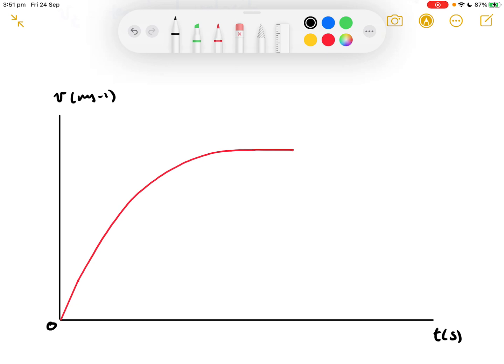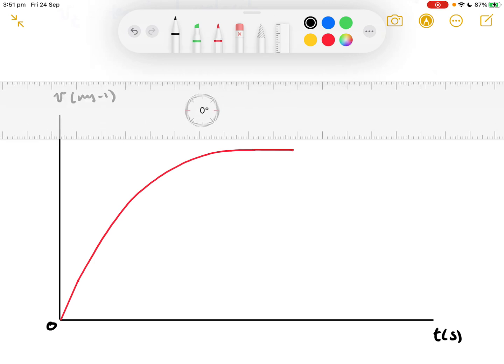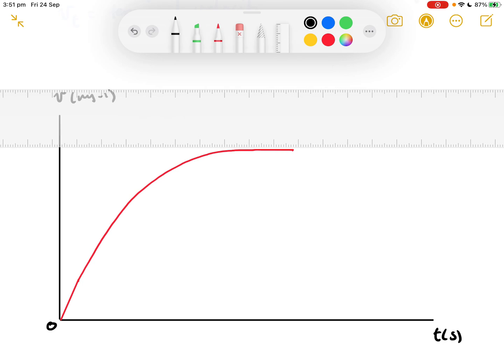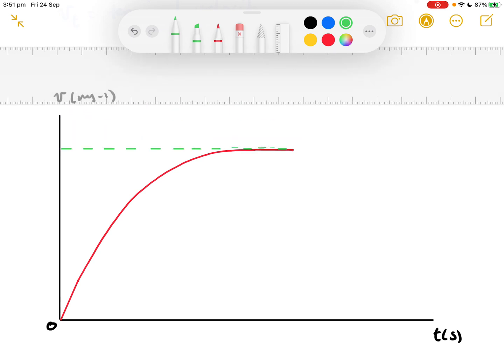So at the beginning of the graph, he accelerates more or less with a uniform acceleration at g, but as the speed increases and the drag increases, he's still falling downwards with a downwards velocity, but the rate of increase of that velocity gets smaller, and eventually the rate gets to 0. That's the rate of increase of velocity, and he's actually now travelling at the terminal velocity. So that's with no parachute.